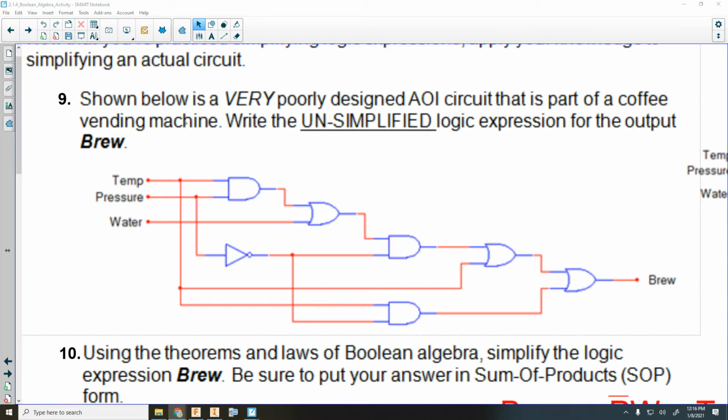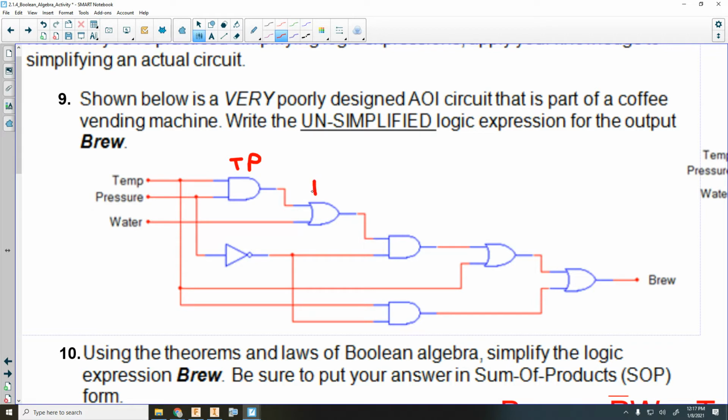Okay. All right, so temperature and pressure going into an AND gate. So what's that? TP. That's TP. And then that's going into an OR gate with water.